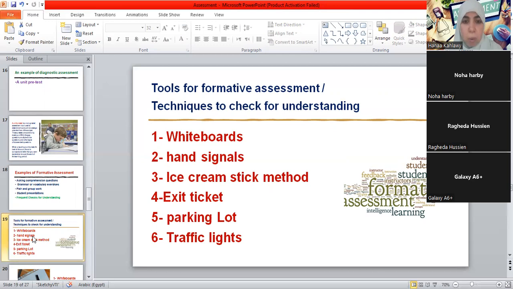Whiteboard? Okay. Manar? I think Manar is speaking. Okay, can you explain for us how you can use whiteboards?